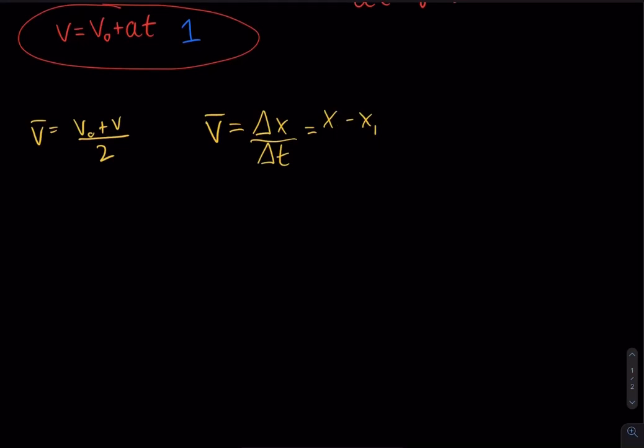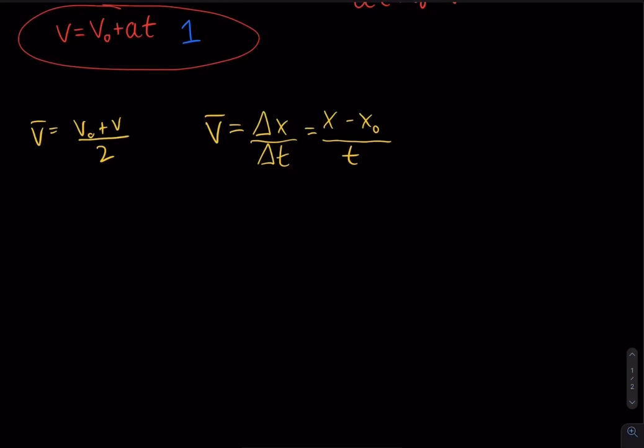And again, because this is what you'll read in most books, x minus, and instead of our first position, we're going to say x naught. That's going to be our initial. And similarly to above, we're just going to divide this by t, and that's going to denote our change in time because we're assuming that we're starting at 0 time.